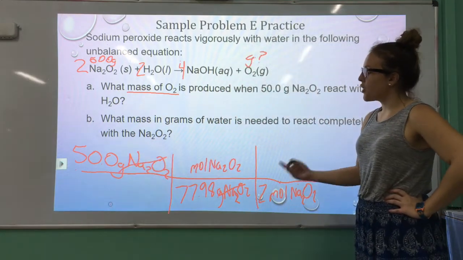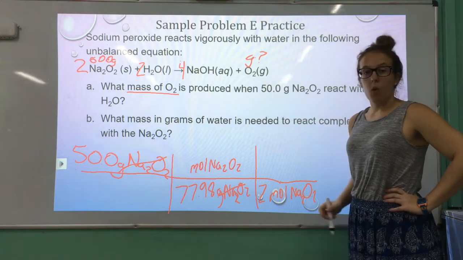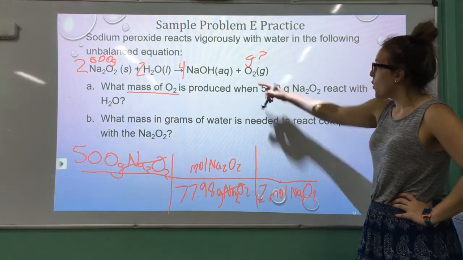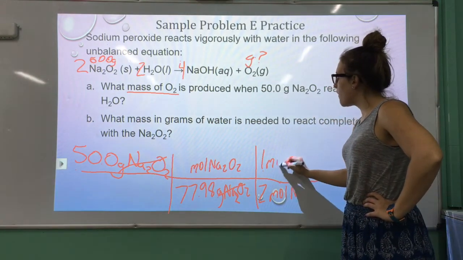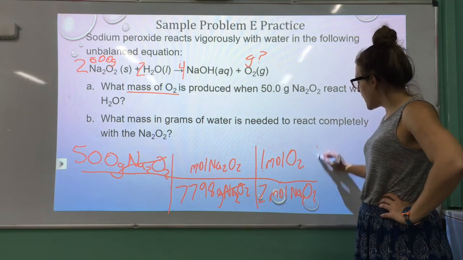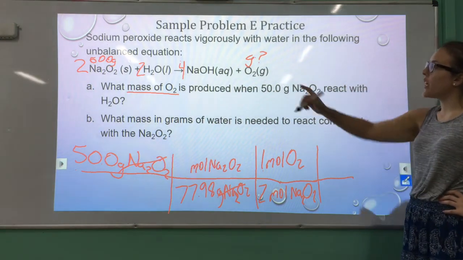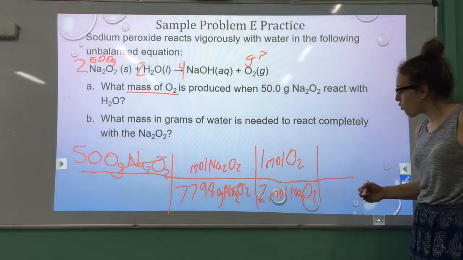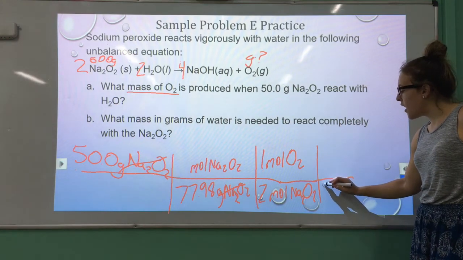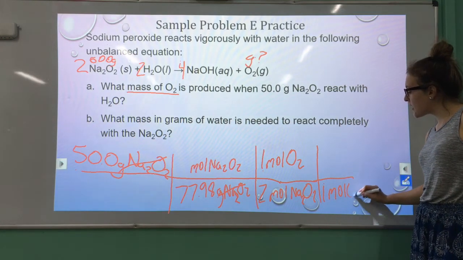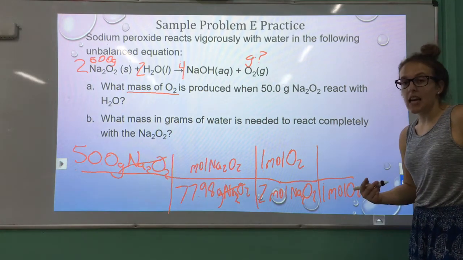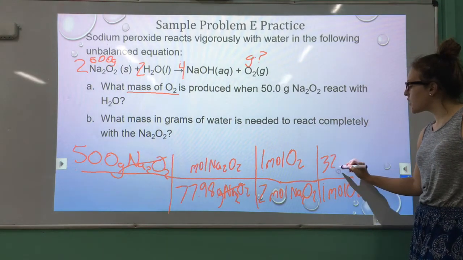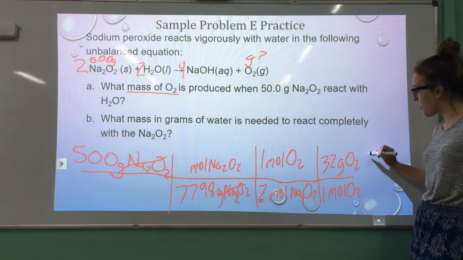And then we can use the equation for the mole ratio. For every 2 moles of sodium peroxide, we get 1 mole of oxygen. But are we done yet? No, because we want the mass, and mass is in grams. The molar mass of oxygen, because it's diatomic, we have to multiply what's on the periodic table by 2, giving us 32 grams of oxygen per mole.